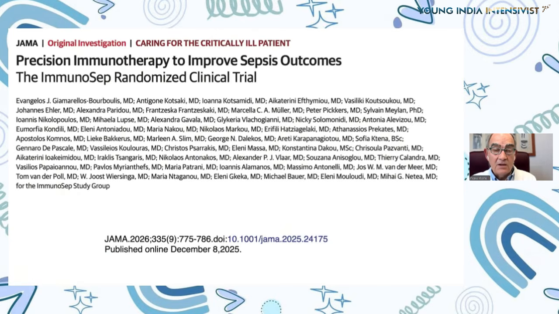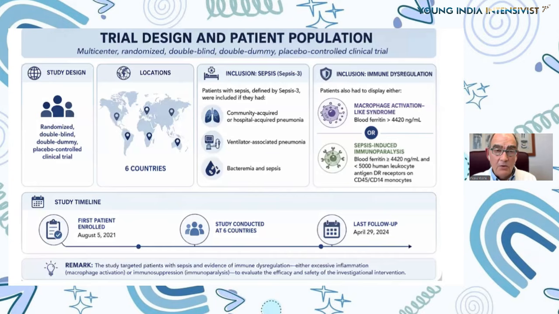The second trial, and in this case it is a randomized trial, is in my opinion very interesting because it identifies the concept of precision immunotherapy for improving outcomes.